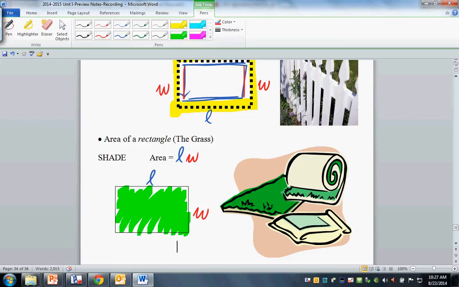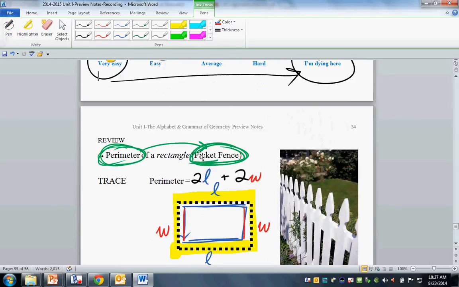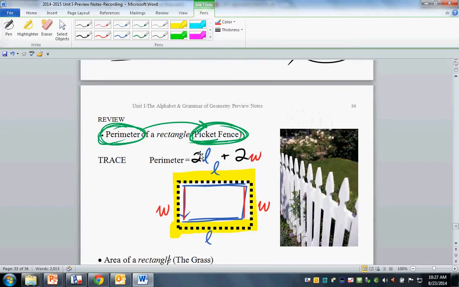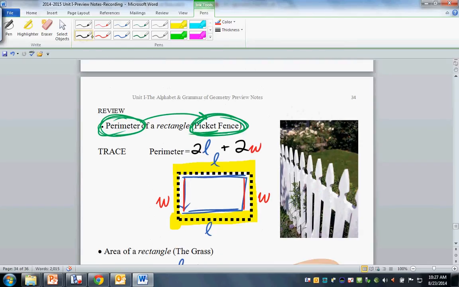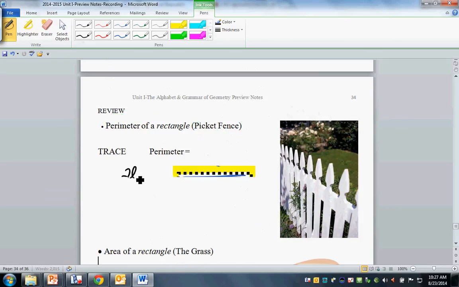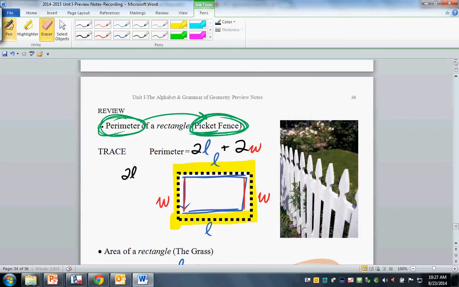Now, when you write these equations, if I ask you for the perimeter of a rectangle, warning, you do not write this: 2 lengths plus 2 widths. You do not write that. You're like, but Miss Way, it's right there. But why don't I write that? Let me show you.